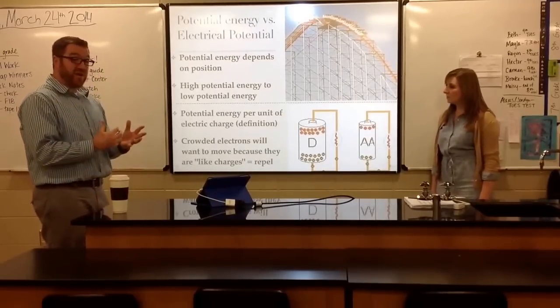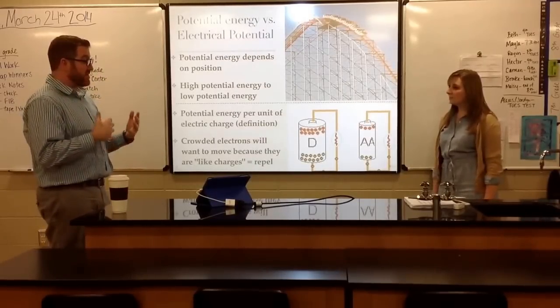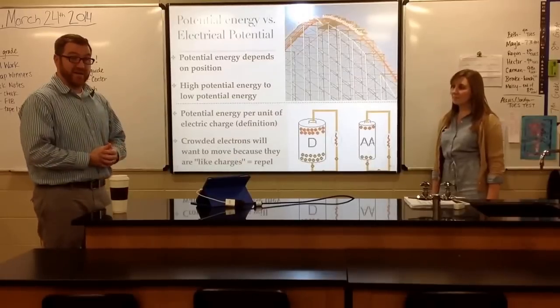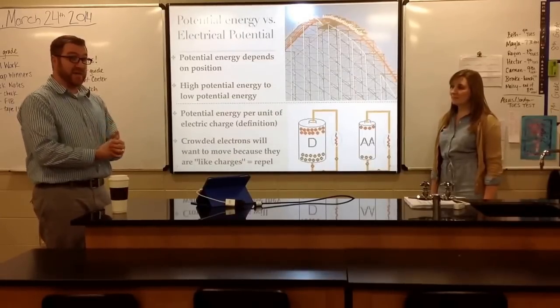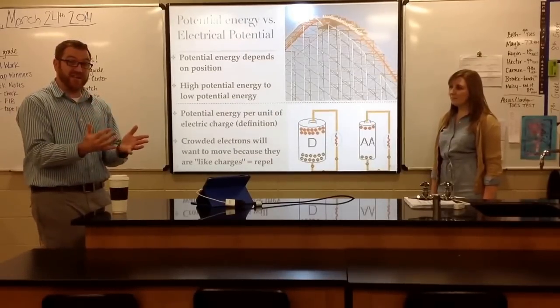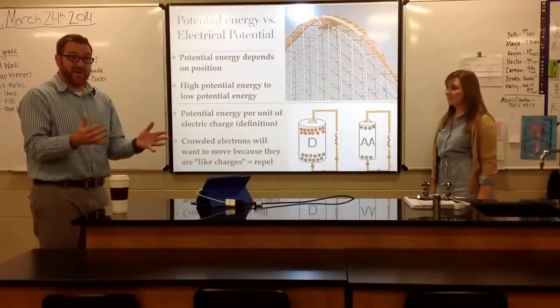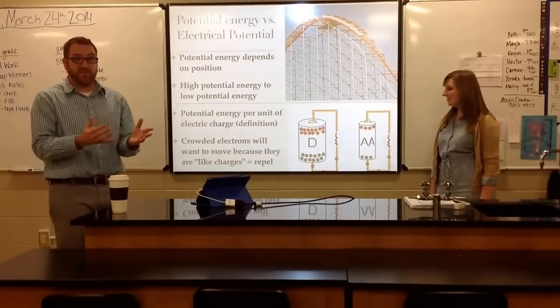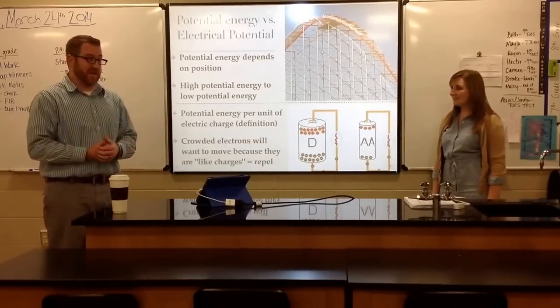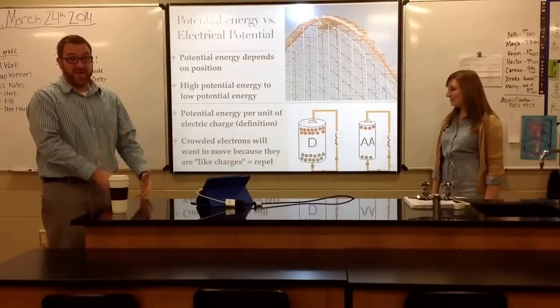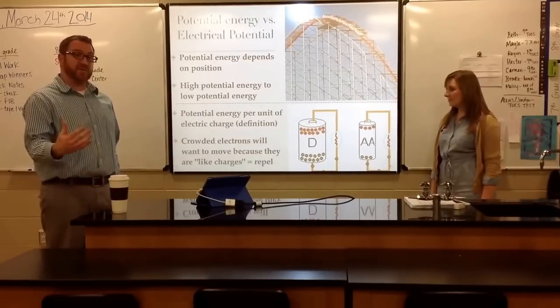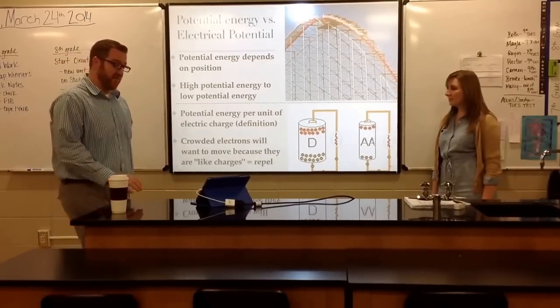Because again, we all know that crowded electrons don't really like each other a whole lot. Right? It's like you and your worst enemy. You don't want to sit next to them in class. So these electrons, they're in an entire battery full of their worst enemies, and they don't want to be by them. So if you provide them with an opportunity to move, they're going to take it every time.